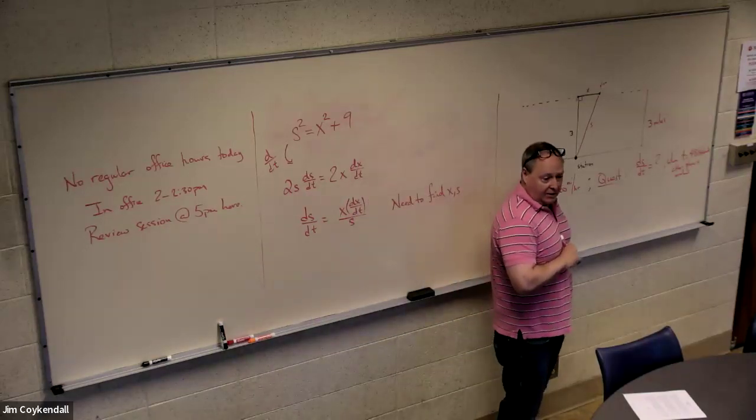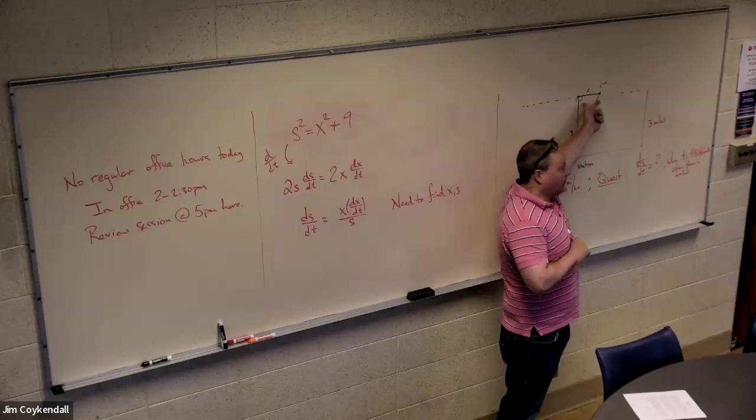Finding it should be fairly easy, right? It's how far the plane has traveled in 48 seconds, right? And I know exactly how fast it is: 300 miles an hour.